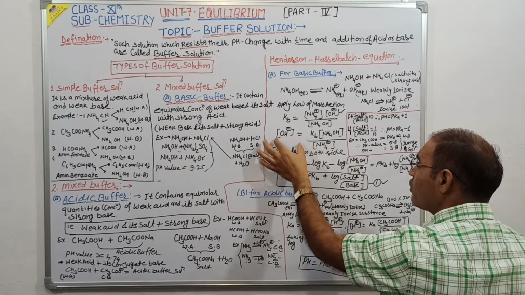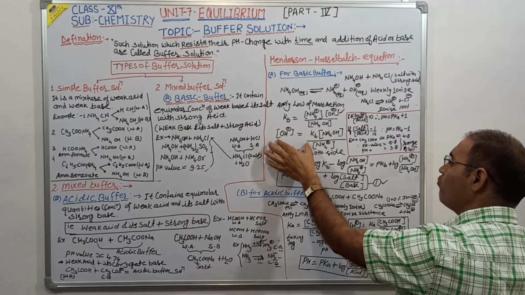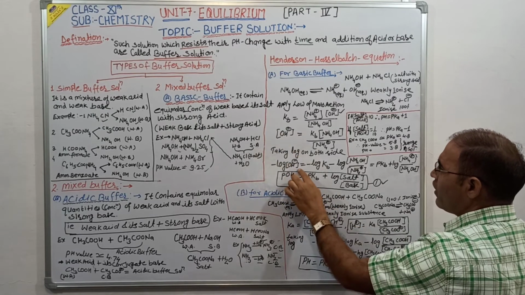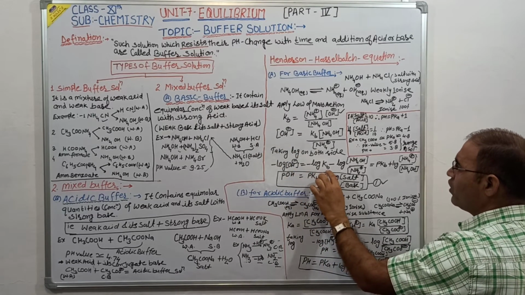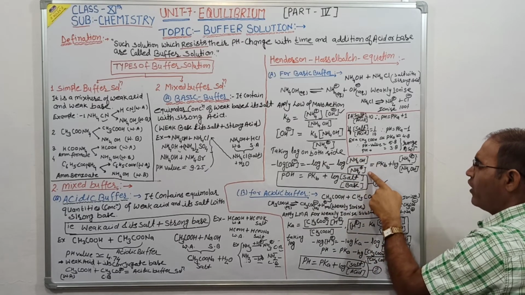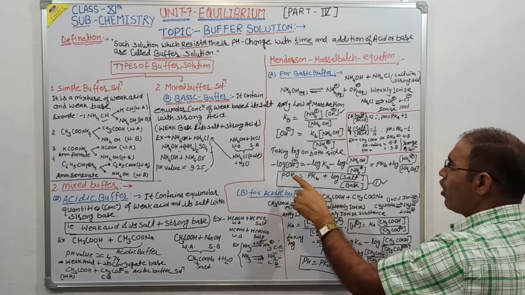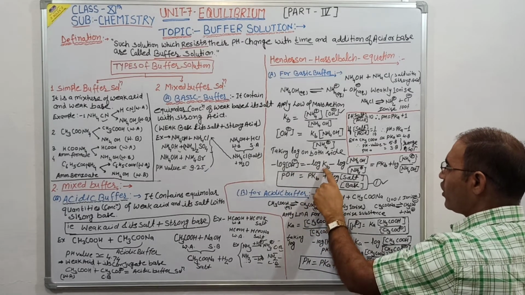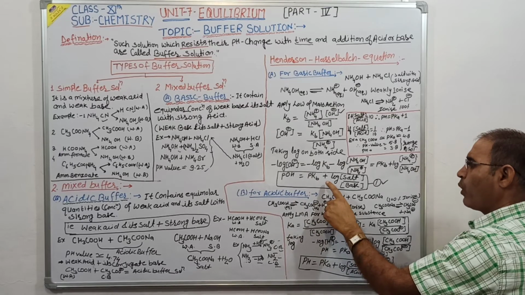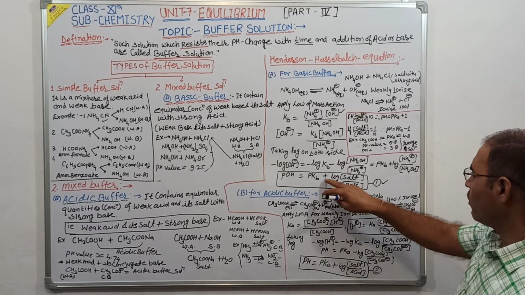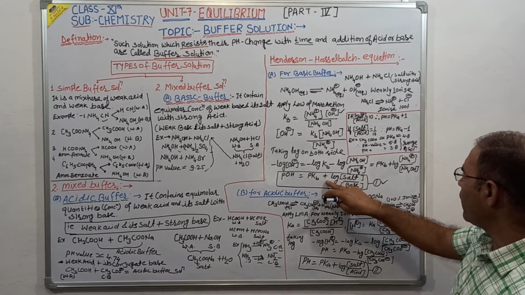By taking the log on both sides, minus log OH minus is equal to minus log Kb minus log NH4OH upon NH4 plus ions. So minus log OH is pOH, and minus log Kb is pKb, plus log salt upon base, because the sign is converted to plus.